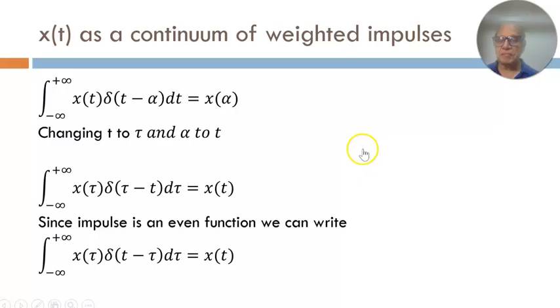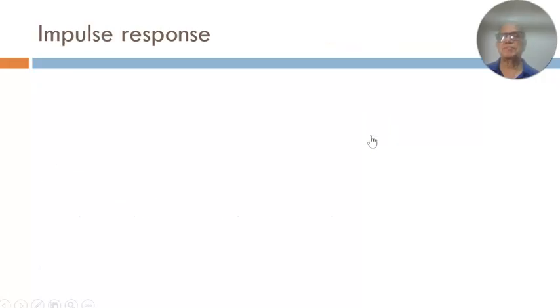All right. Having studied this, ultimately what we are trying to do is to show that the output for any input can be calculated by knowing the impulse response of the system. That is what we are driving to. So these are all in-between steps for reaching that goal. All right.